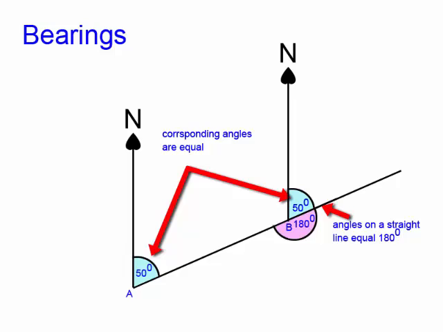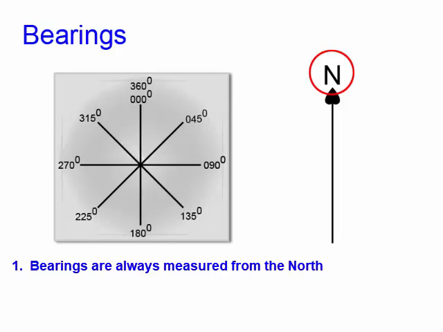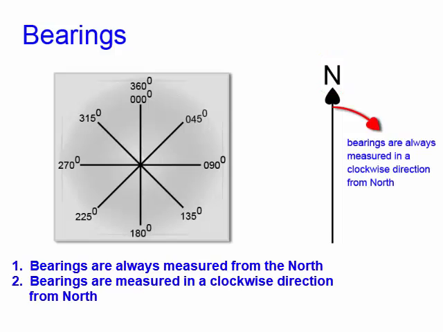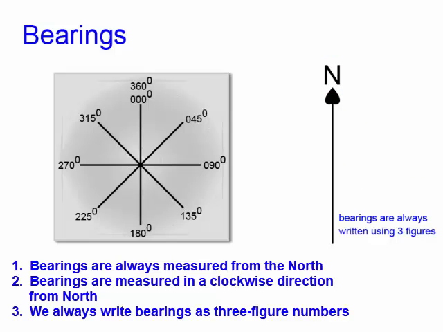So our bearing of position B towards position A from the north is 50 degrees plus 180 degrees, which comes to 230 degrees. Remember, bearings are always taken from the north and are measured in a clockwise direction, and any bearing you write down has to consist of three figures.